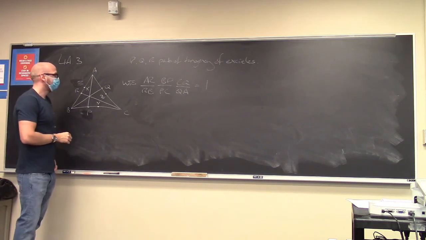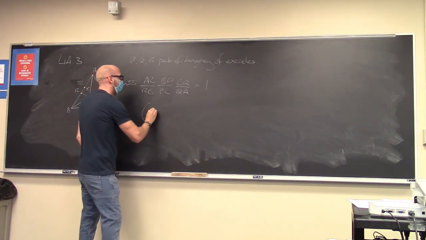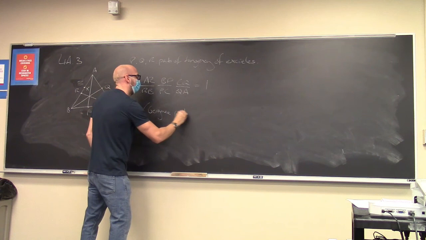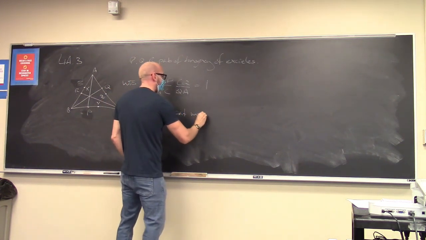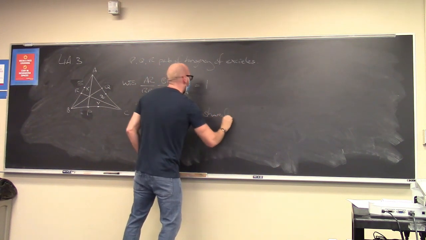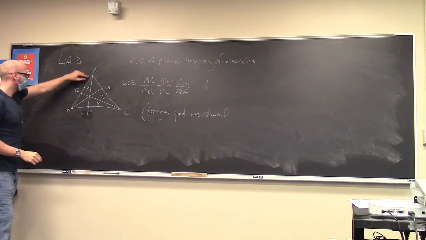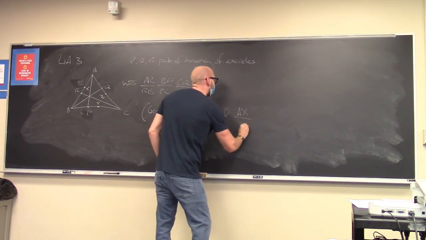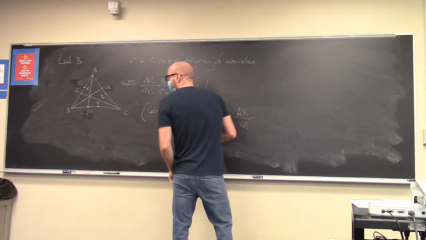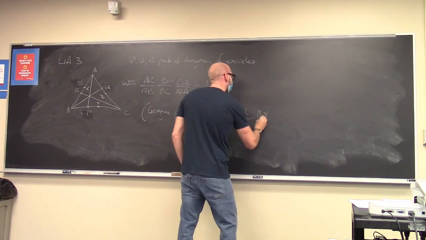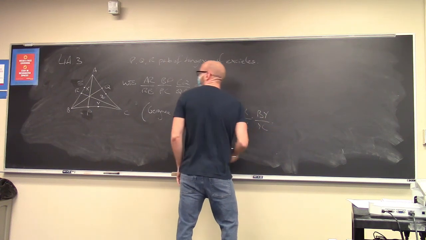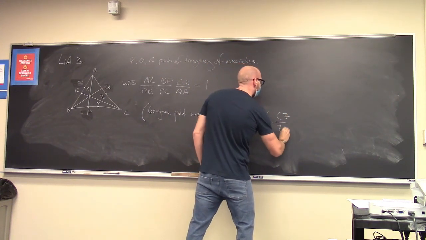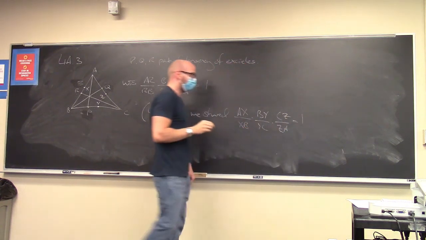And for the Gergonne point, we showed that for those guys, the Cevian product, AX over XB times BY over YC times CZ over ZA, equals 1.